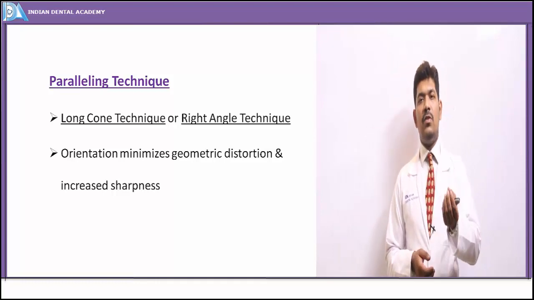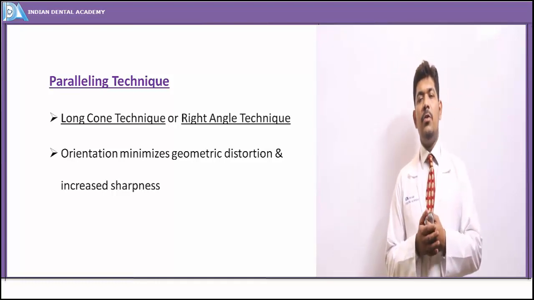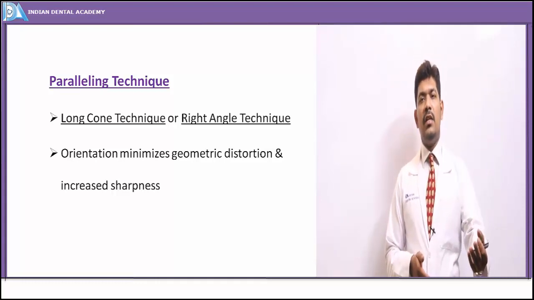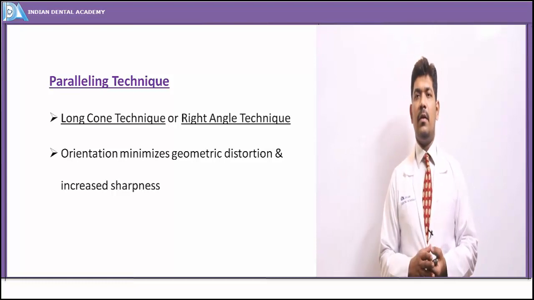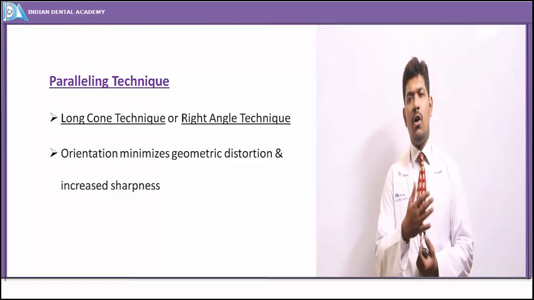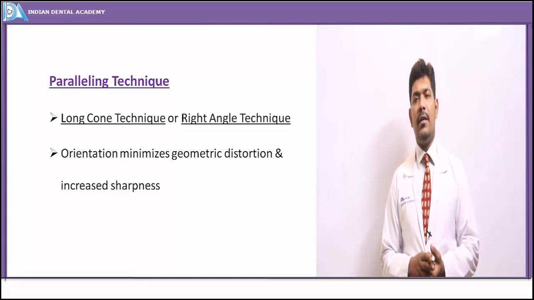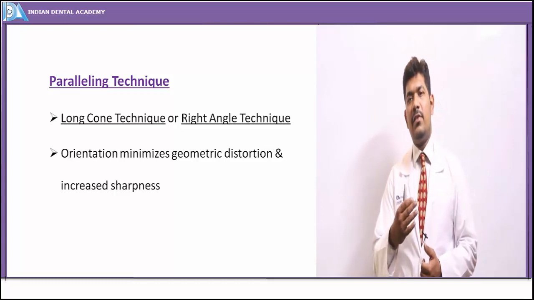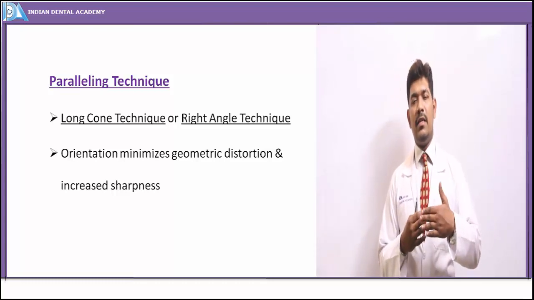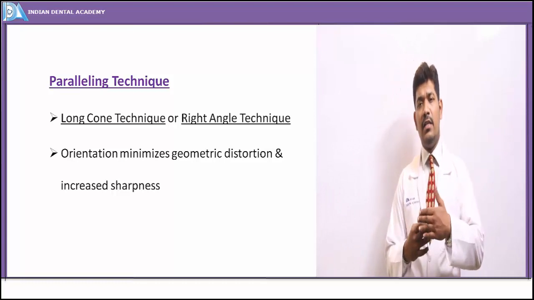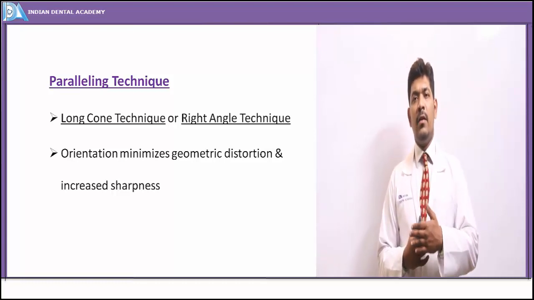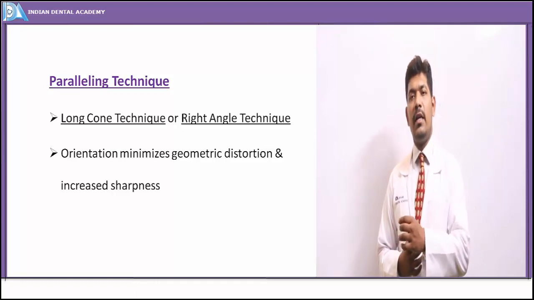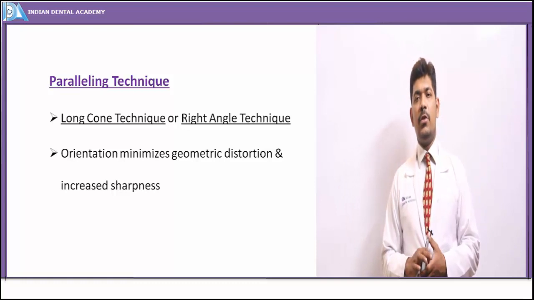That is to say, when the X-rays are produced from the anode, they are produced at different angulations, at different speeds. Now, barring the initial prohibitory limitations which we have, the filtration or the collimation, all these equipments or parts of the X-ray tube help the X-ray beam to attain a stable angulation, that is to say a parallel angulation, which can produce undistorted geometric representations of the teeth which we take in.